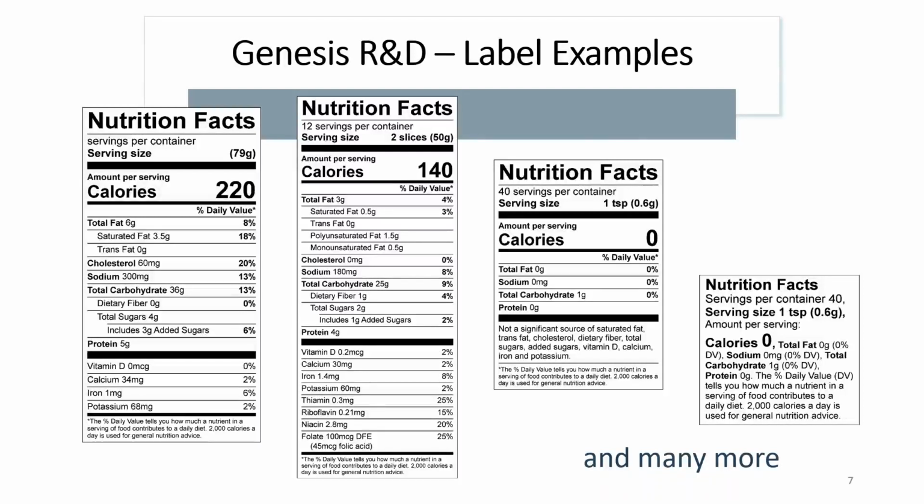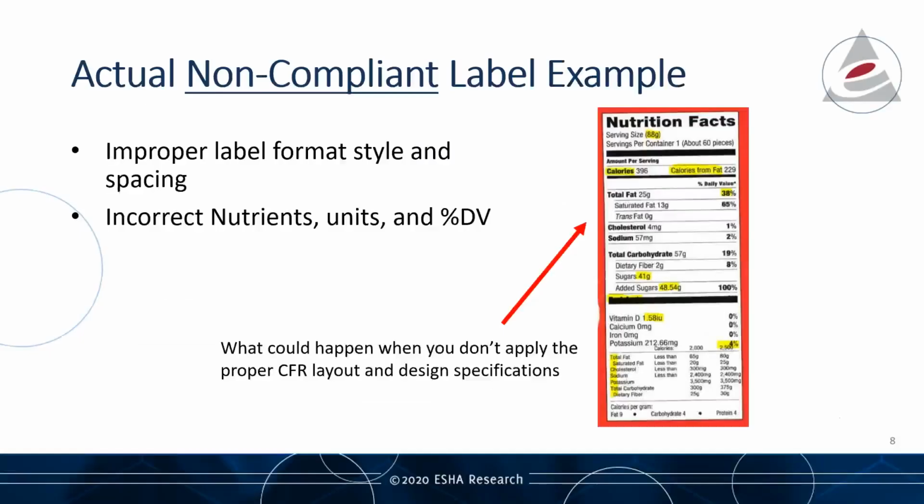With U.S. labeling in 2016, we experienced significant changes to the labeling regulations and the appearance of the nutrition facts labels. These changes have been available in Genesis for several versions. Today I'm working with version 11.7, but you've seen the new format for quite some time.